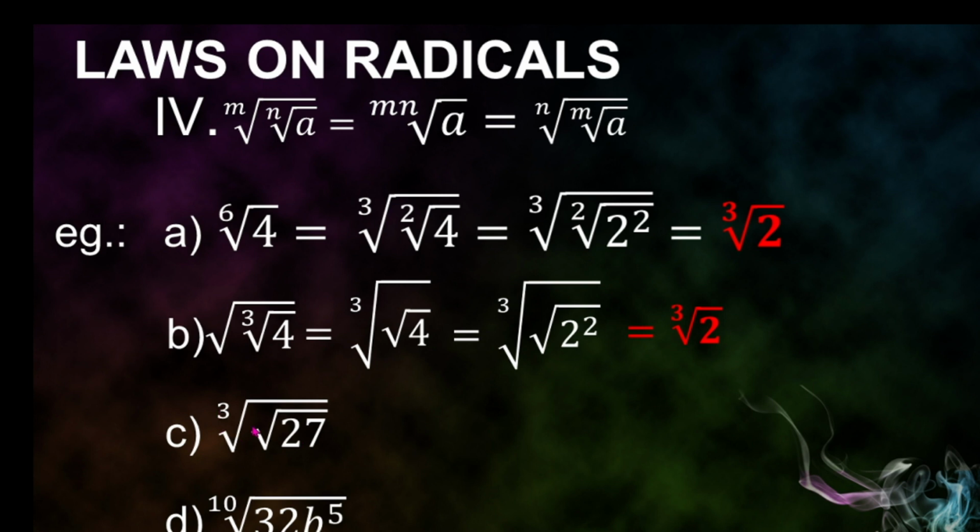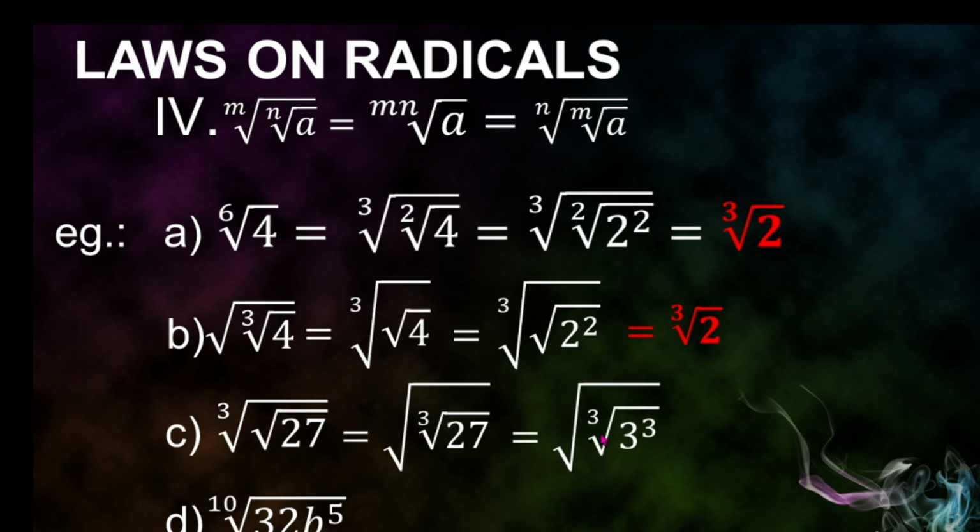Next is the cube root of the square root of 27. 27 is not a perfect square. However, it is a perfect cube. Therefore, we can interchange the indices. So we could have the square root of the cube root of 27. The cube root of 27 is 3. Or we can rewrite it as the square root of the cube root of 3 cubed. So therefore, we have the square root of 3.